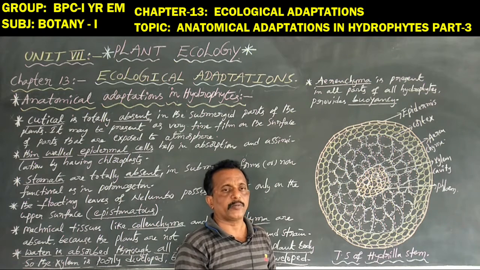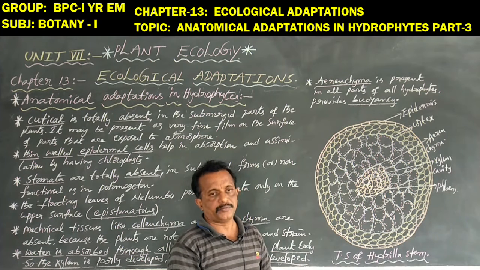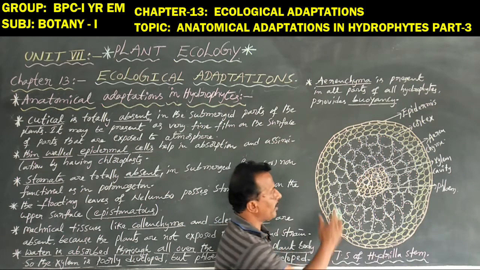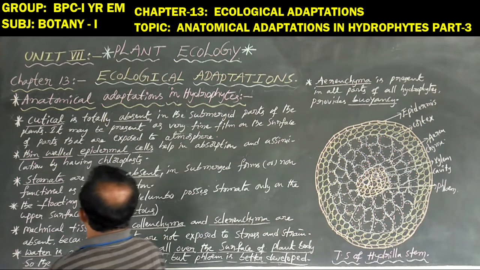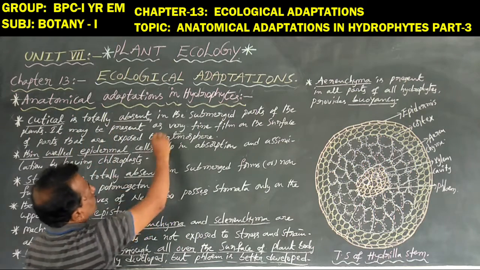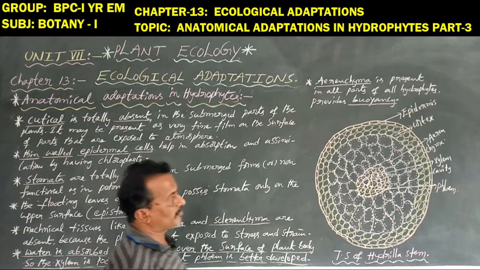Generally, the vascular bundle containing xylem and phloem is known as vascular tissue. Dear students, cuticle is totally absent in the submerged parts of the plants.